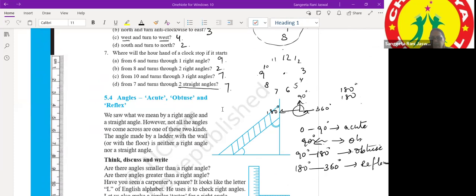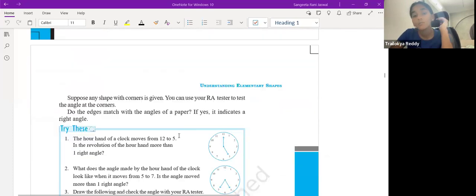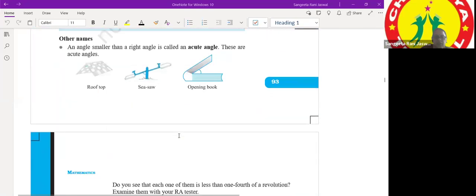An acute angle measures between 0 degrees and 90 degrees. An obtuse angle measures between 90 degrees and 180 degrees. If anyone has a doubt, you can ask. A reflex angle measures between 180 degrees and 360 degrees. Everyone is aware of this? Yes, ma'am. So let's see further.